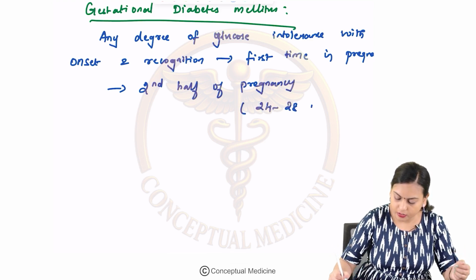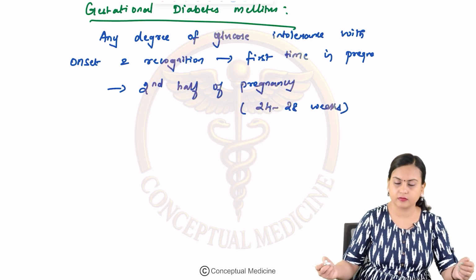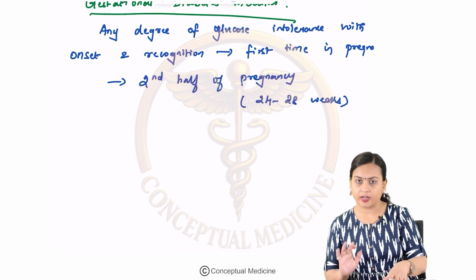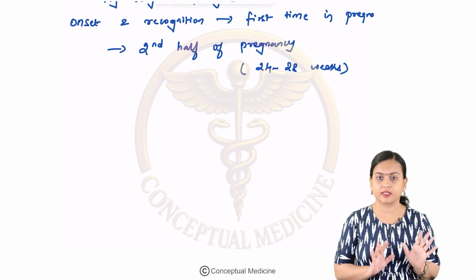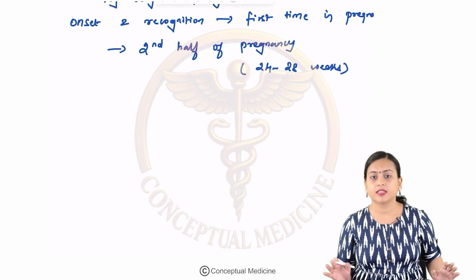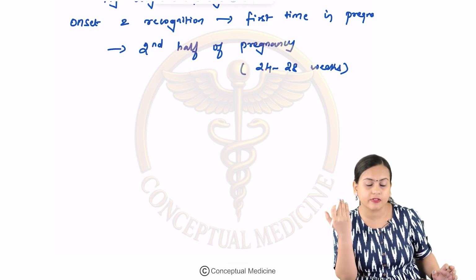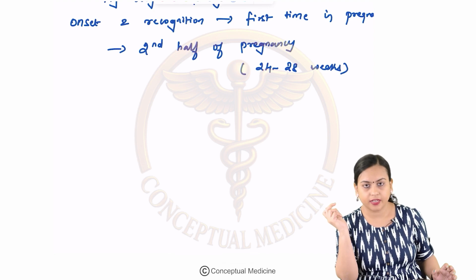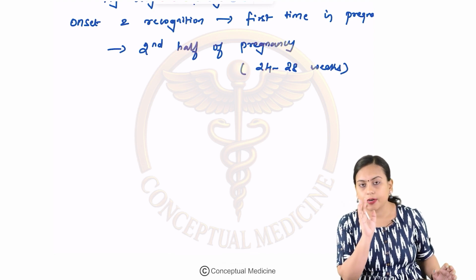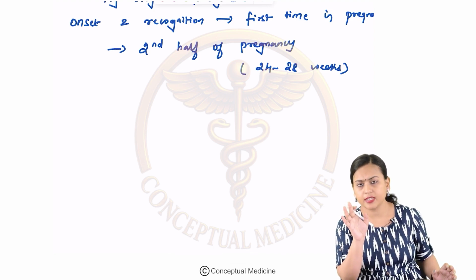to 28 weeks. I hope you understand this point, because we have discussed this in physiology: the levels of human placental lactogen hormone, which causes insulin resistance, increase during the second trimester. Clear? It is secreted only during pregnancy.